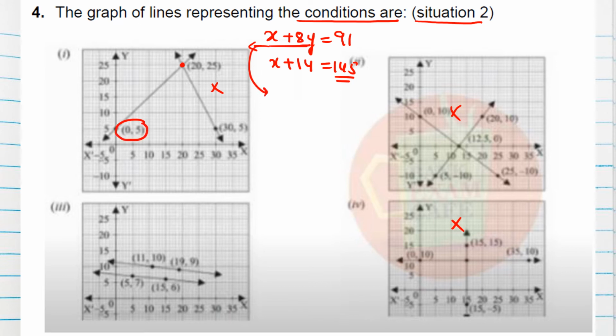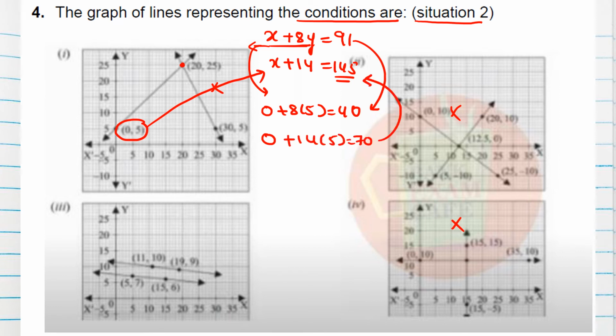If we substitute, 0 plus 8 into 5, the answer will be 40, which is not equal to 91. We can substitute here also 0 plus 14 into 5, which is 70, which is not equal to 145. Like this, if we check 0 comma 10 also, not possible. And one more thing, if you check 11 and 10, 19 and 9, only the first equation will be satisfied, not the second one.